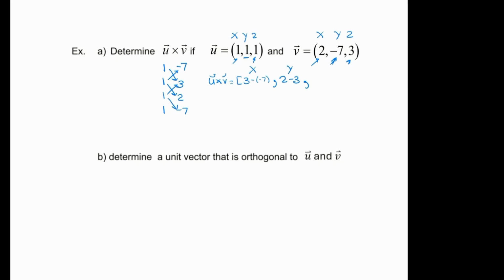Last, we're going to do our z value. 1 times negative 7 is negative 7, minus 1 times 2, which is 2. Minus negative 7 is really 3 plus 7, so that becomes 10. 2 minus 3 is negative 1, and negative 7 minus 2 becomes negative 9. So there is u cross v. That is our new vector of u cross v.